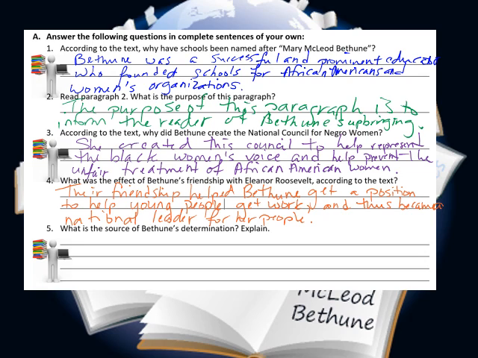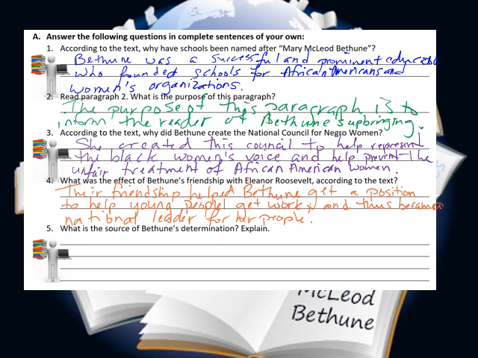What is the source of Bethune's determination? Before you answer this question, I just want to tell you to go back to paragraph 8 and see what happens around the effect of the missionary position. She wanted to become a missionary, which is a person who helps others, but because she was an African American person, they said she can't be a missionary because she was black.